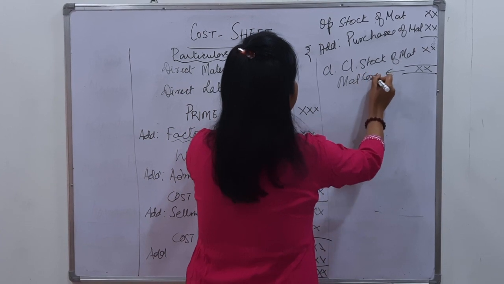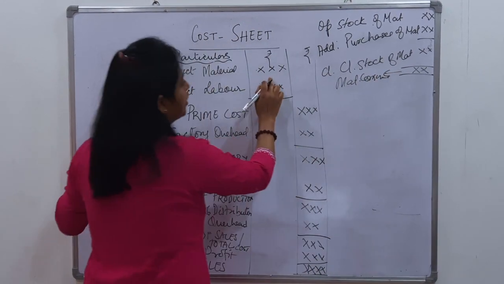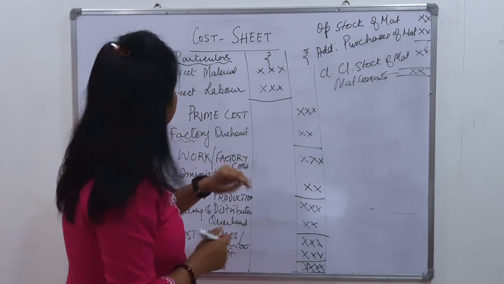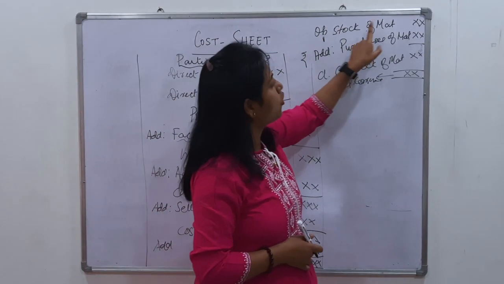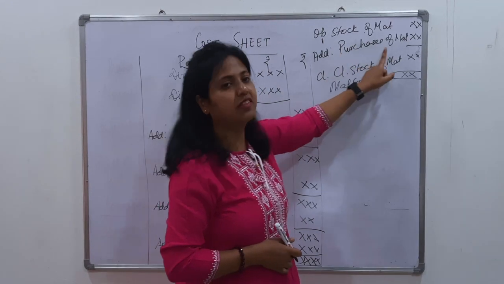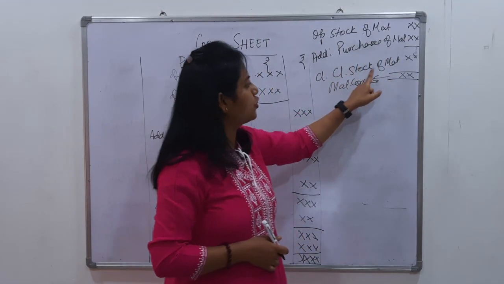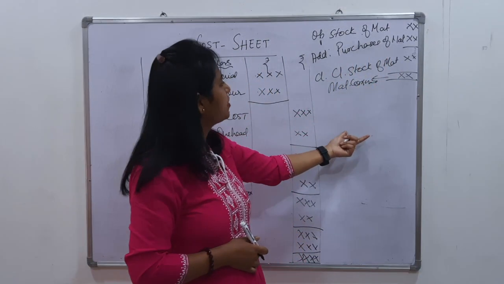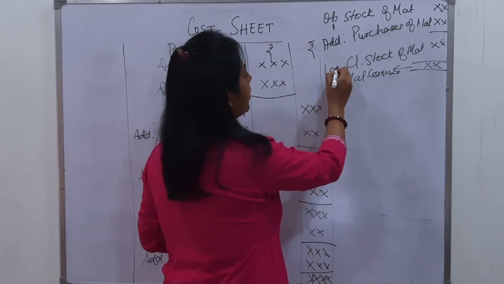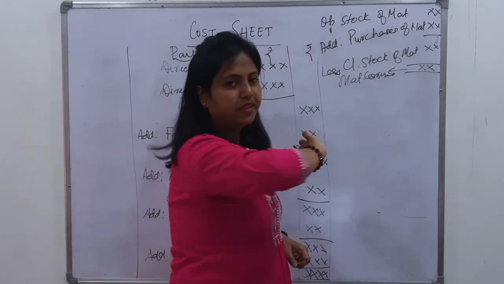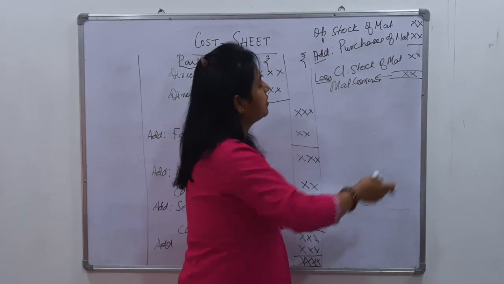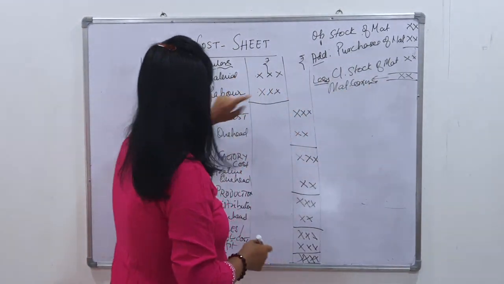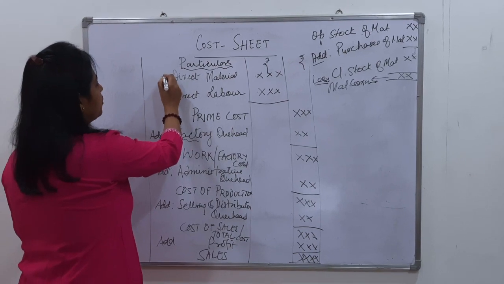This value you have to write here. Sometimes in the information, direct material is not directly given. They give you the opening stock of material, the purchases of material, and the closing stock of material. So you have to write opening stock of material, add purchases of material, less closing stock of material. What you get is the material consumed. These are the adjustments that you have to keep in mind.